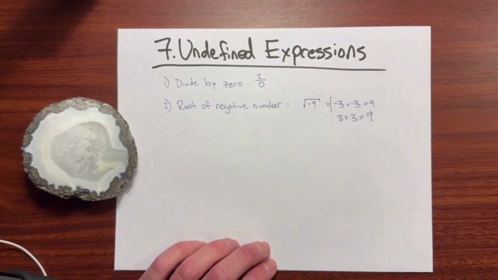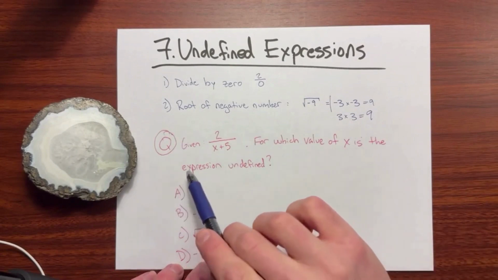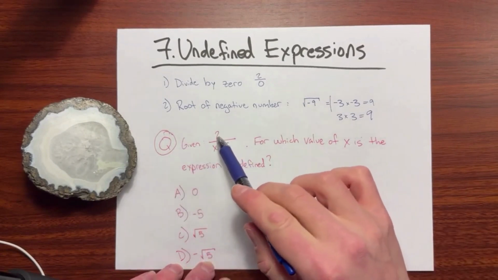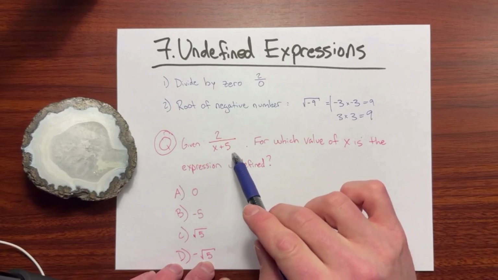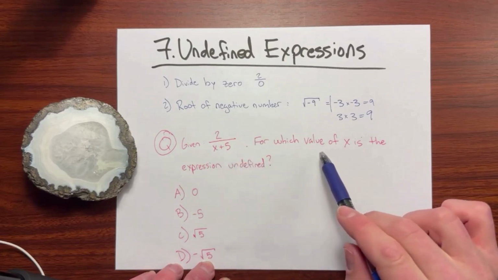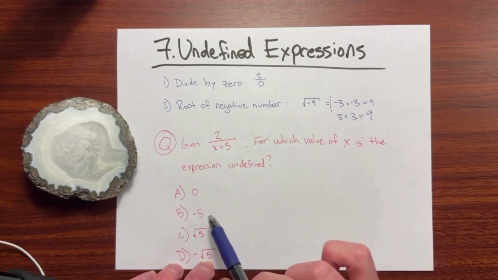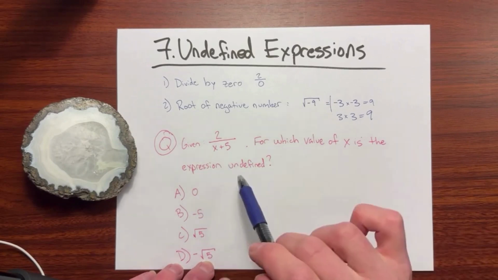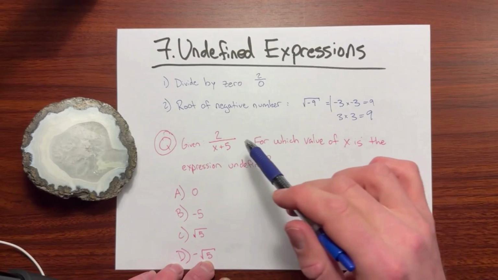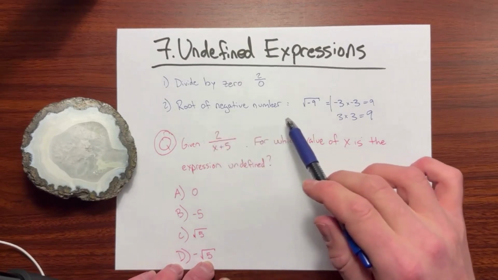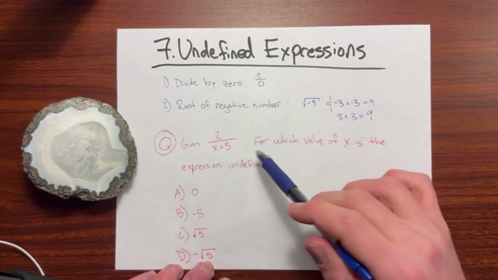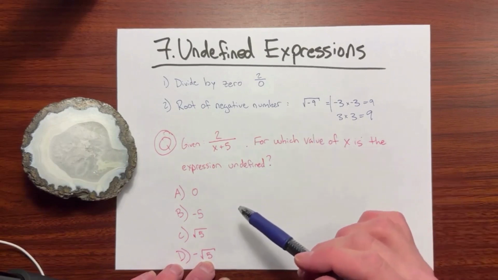For example, a question could give you an expression of 2 divided by x plus 5, and it asks for which value of x is the expression undefined. And we're given a set of answers here. So we know that x, for one, cannot be the root of a negative number, because if that's anywhere in that expression, it'll make it undefined.